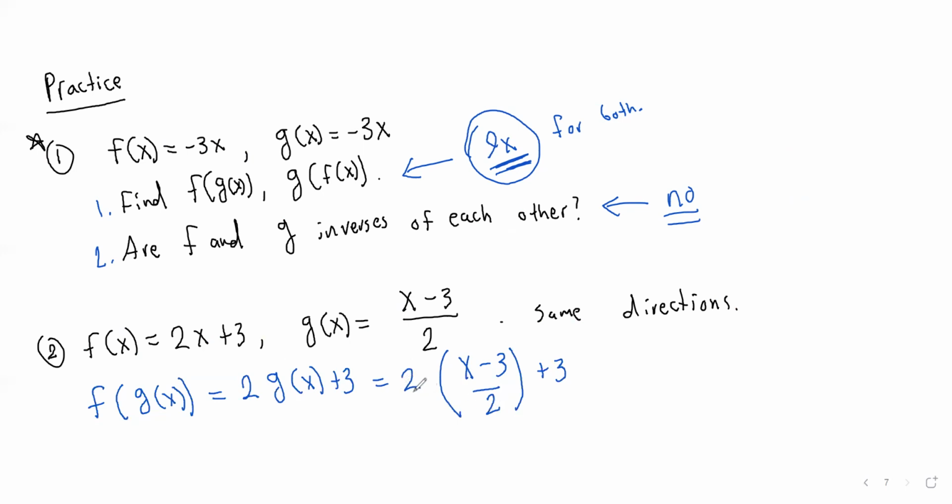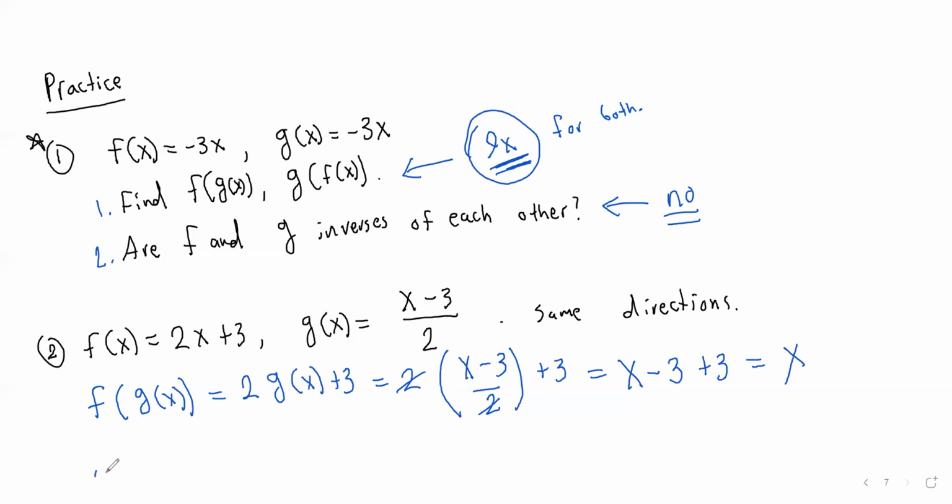Here, the 2 and the 2 cancel, since one's dividing by 2, the other's multiplication by 2. So we have x minus 3 plus 3. And this is equal to x. So we have f of g of x is x.